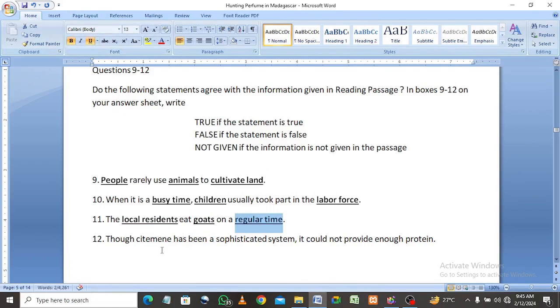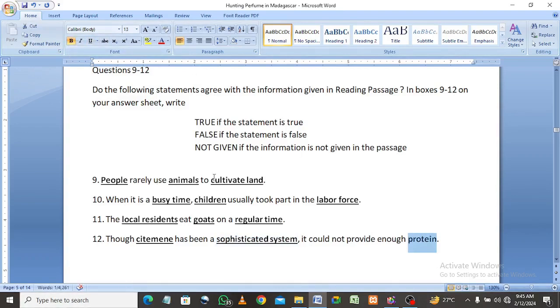So for number 12, the scanning keyword here is what? Sightmen. We have sophisticated system. Then we have protein.